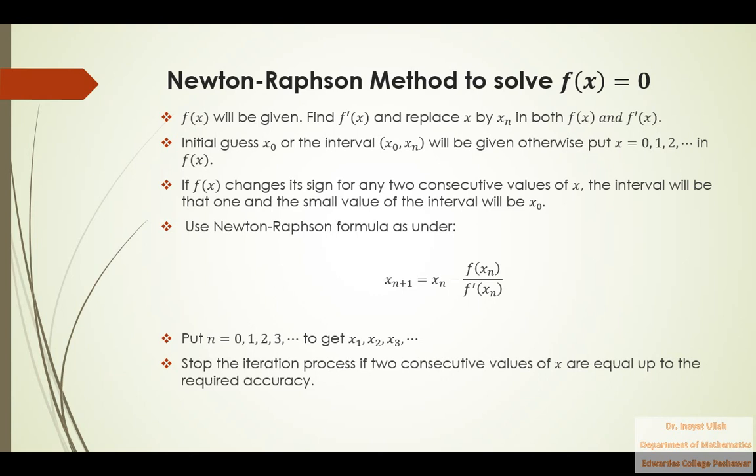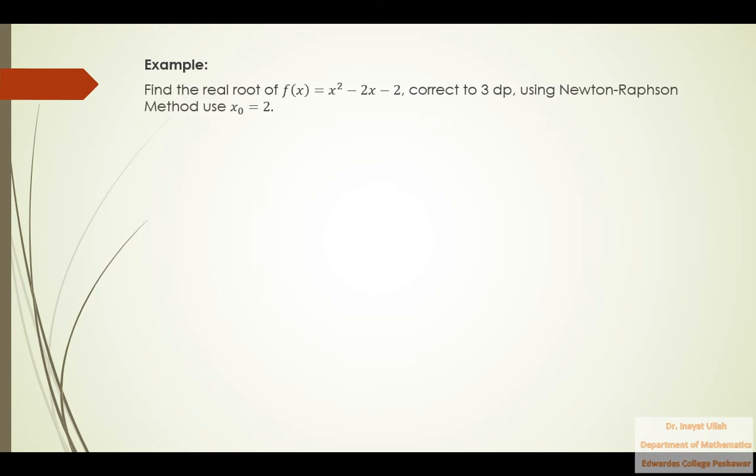So that is actually the Newton-Raphson method to solve f of x equal to 0. The method is very important and also very simple to understand. Let us try to solve an example. The example is: find the real root of the function x square minus 2x minus 2, correct to 3 decimal places.